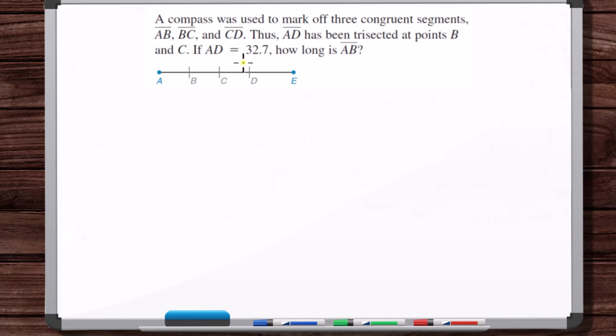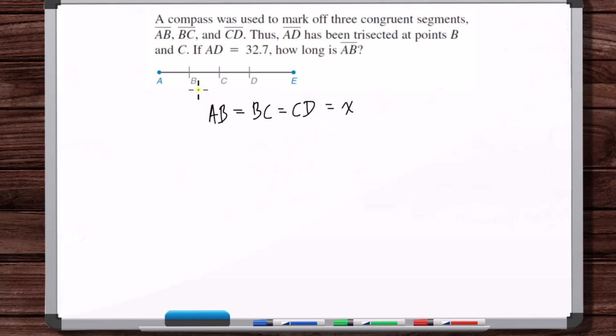If AD is equal to 32.7, then how long is segment AB? Well, we're looking for the length of AB, but they just told us that's equal to BC and that's equal to CD. When we add up these three lengths, let's call this x. We're trying to solve for x.